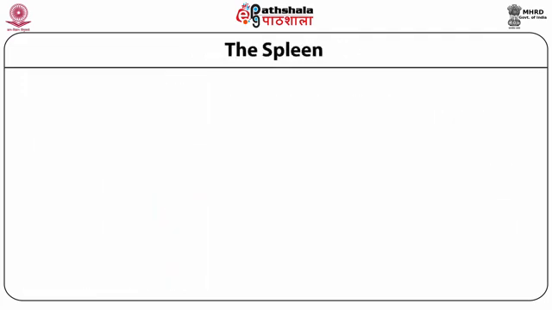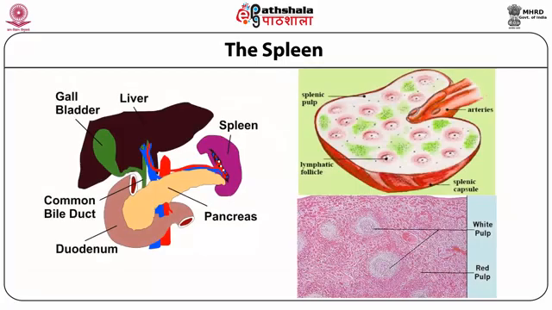Spleen is another important secondary immune organ. The spleen is an encapsulated organ. Its interior splenic pulp is spongy in appearance. As we can see here, there is a white pulp and there is a red pulp.